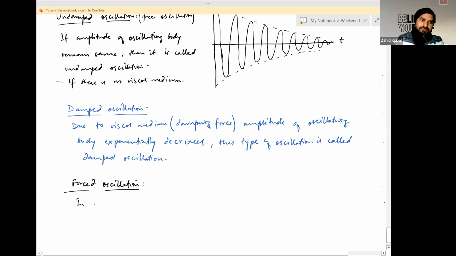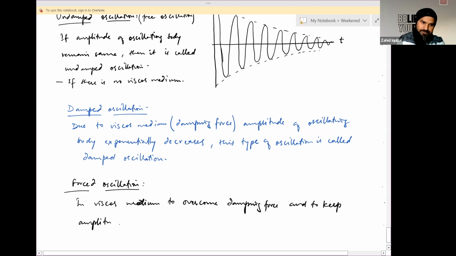In a viscous medium, to overcome the damping force and to keep the amplitude of the oscillating body constant, we need an external agency.